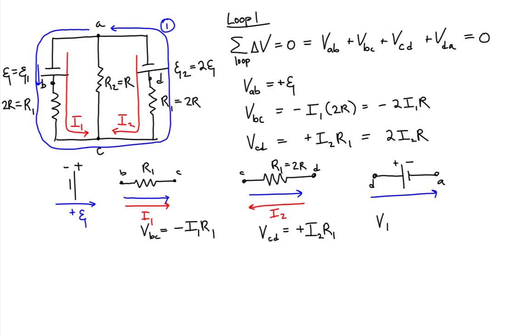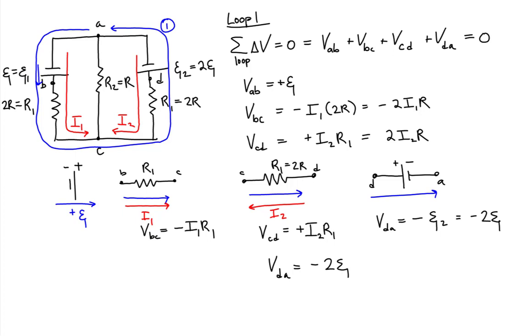So the potential difference from D to A is equal to minus the EMF of battery 2. And remember, battery 2 has twice the EMF of battery 1. Again, that minus sign is because we're going from the positive terminal of the battery to the negative terminal of the battery. So that means we have the potential from D back to A is equal to minus 2 times the EMF of battery 1.